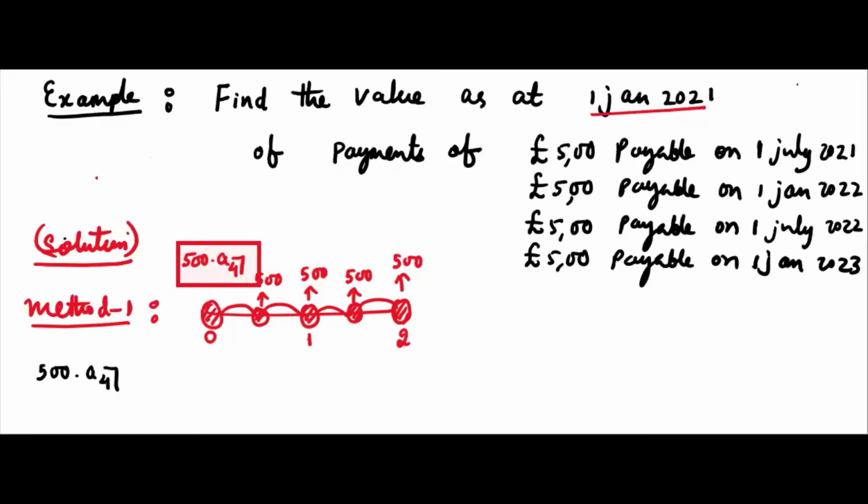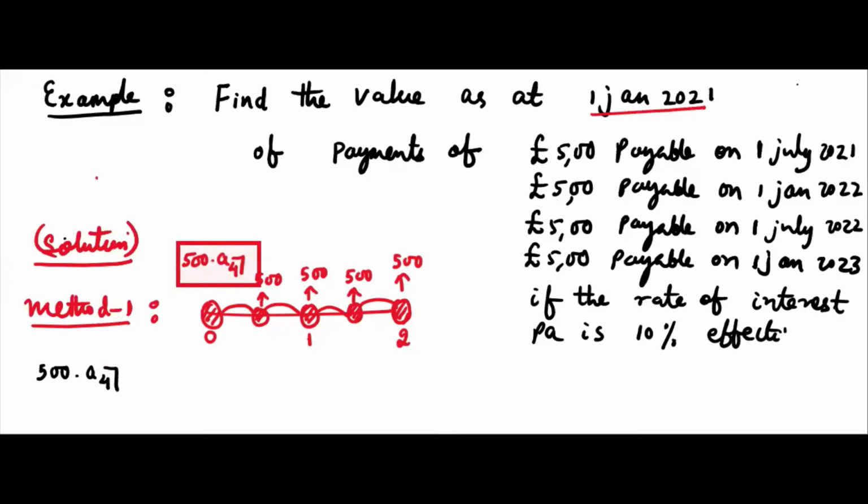Suppose I is 10% per annum. If the rate of interest per annum is 10% effective, then you have to find 500 a angle 4.